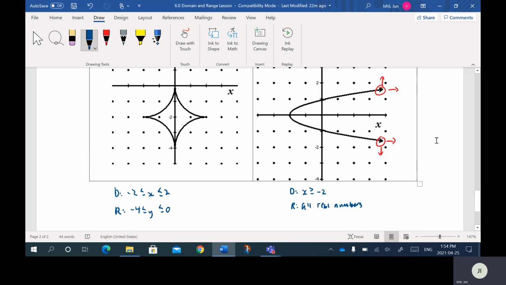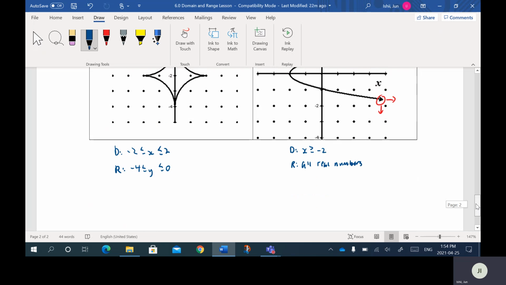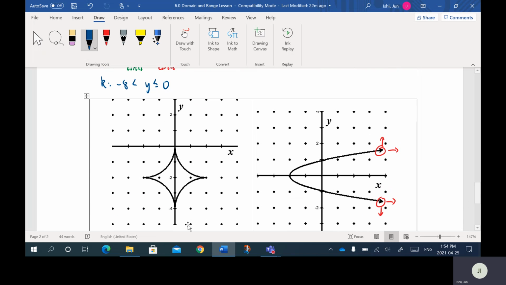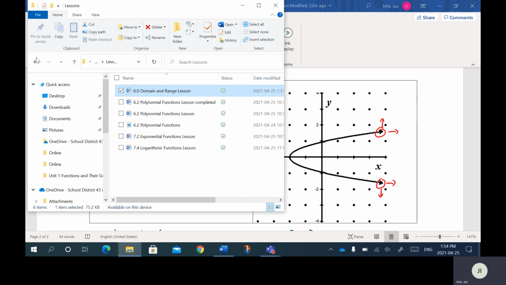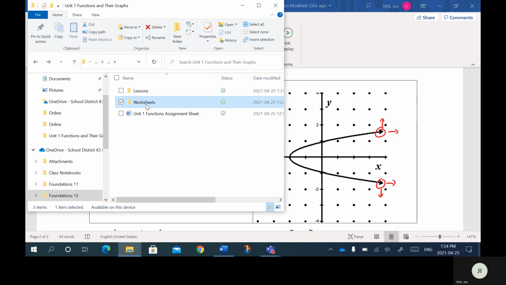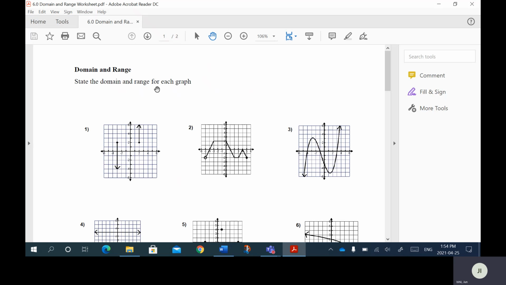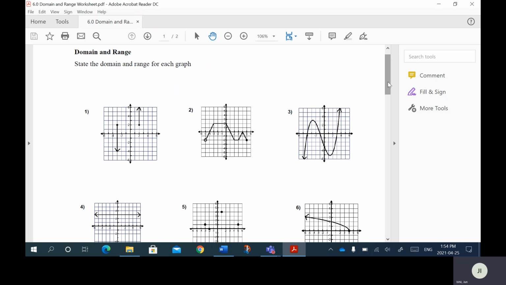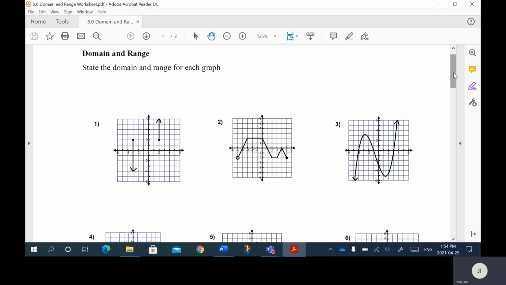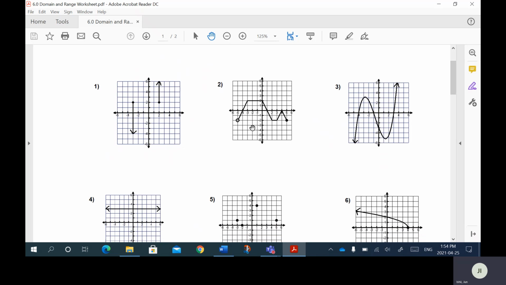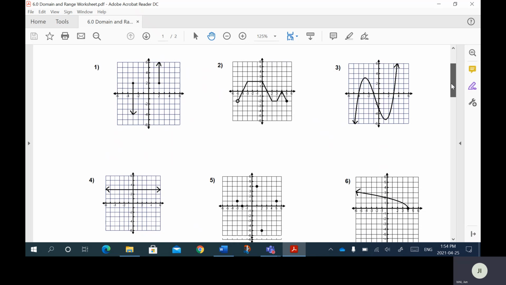All right, cool. So that's the first lesson here. It's just a little bit of review for domain and range, because that stuff actually shows up a lot in this first unit. Now for practice, open up this worksheet here. You're just being asked to find the domain and range of these functions. The only thing I want to point out is that some of these questions have a hollow dot, some of them have a solid dot.